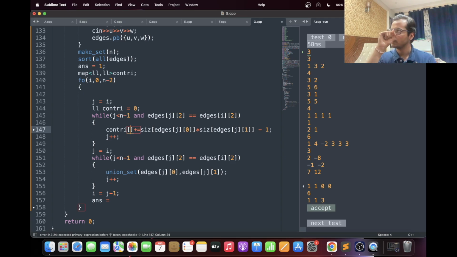What will be this contribution? Let's say the maximum element between two nodes is 4 and the value of s is 5. Then we can add an edge of, basically we have one choice, right? Yeah, we have one choice, we can add an edge 5.